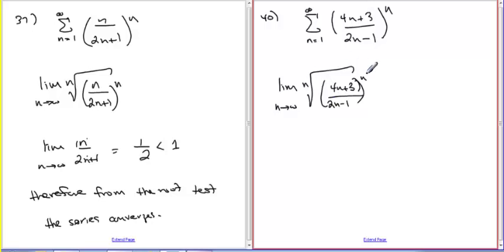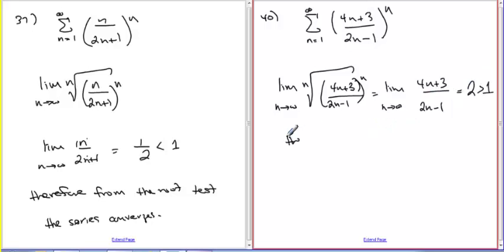So if you have 1 over n to the p, p in this case is 2. Using the p limit test, as n goes to infinity of 4n plus 3 over 2n minus 1, what we have is the ratio of leading coefficients, which is equal to 2. So p is equal to 2, which is greater than 1.